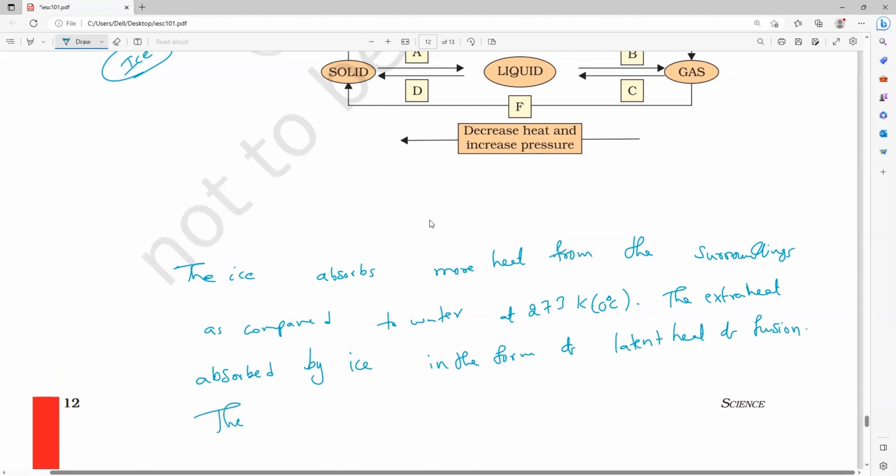Therefore, at 273 Kelvin, ice is more effective in cooling. Is it okay, guys? All of you? Yes, sir. That is the answer.